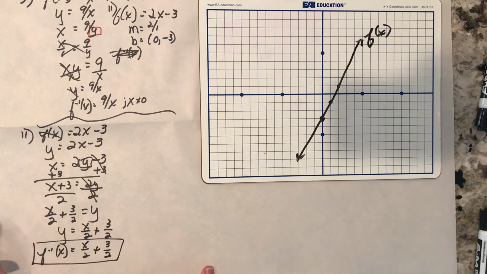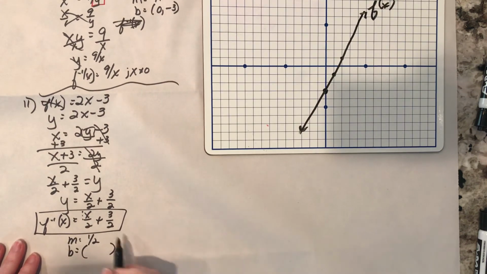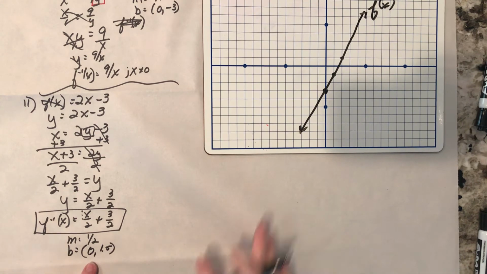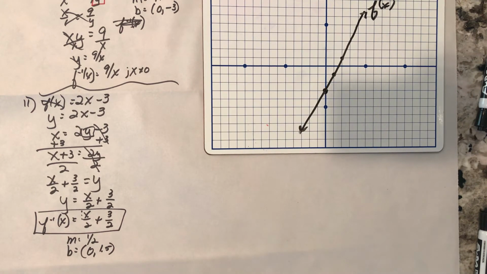There's our line. The slope is 1 over 2, and the y-intercept is 0, 3 over 2, which is 1.5. I'm just going to write it as 1.5. That's easier. Then you would go over to your graph.